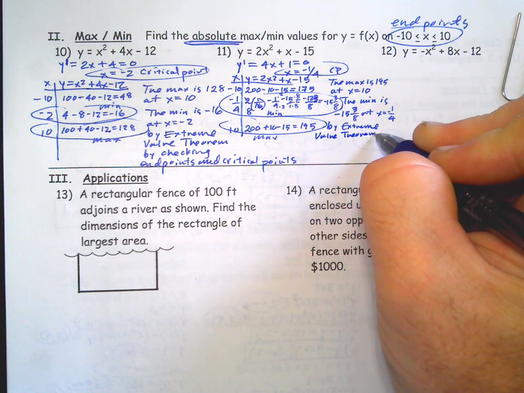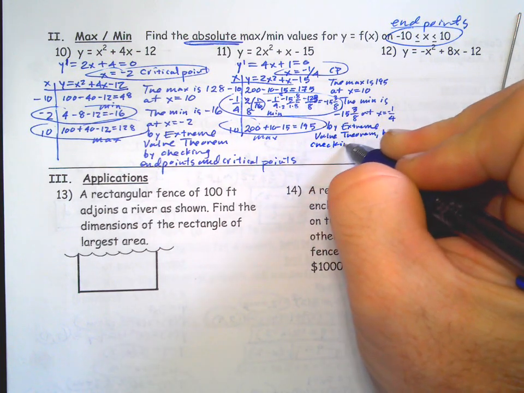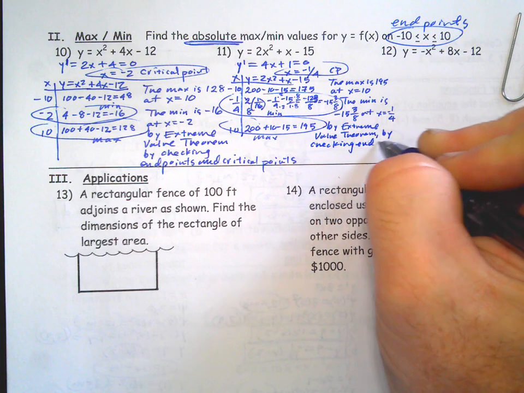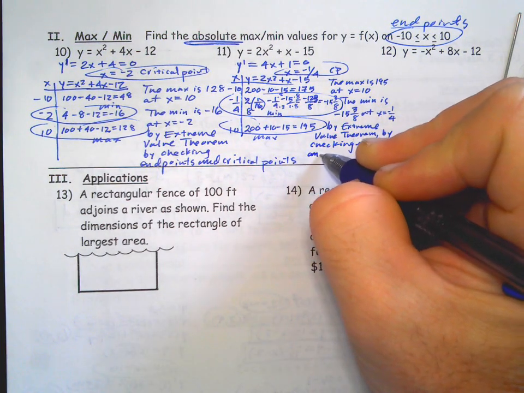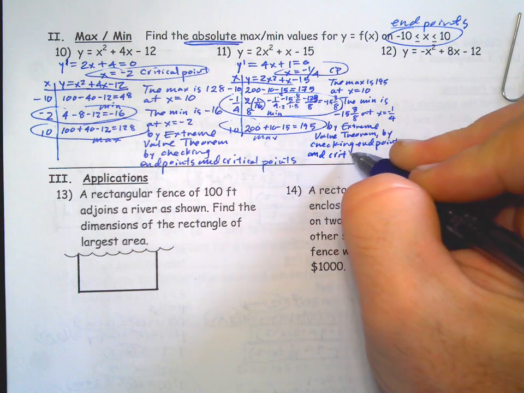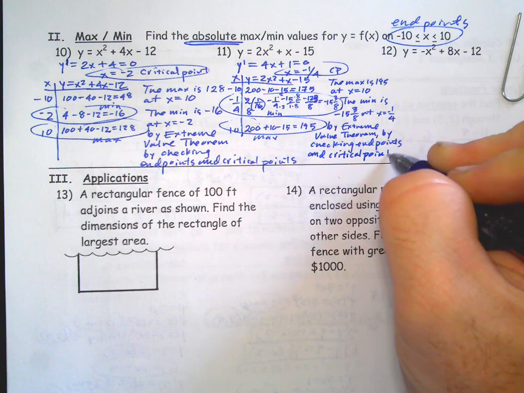How does that work? By checking endpoints and critical points. So this is required stuff on the AP exam. There's going to be plenty of other required stuff that we're going to spend all year covering, so you might as well get the hang of this right now before we add more stuff.